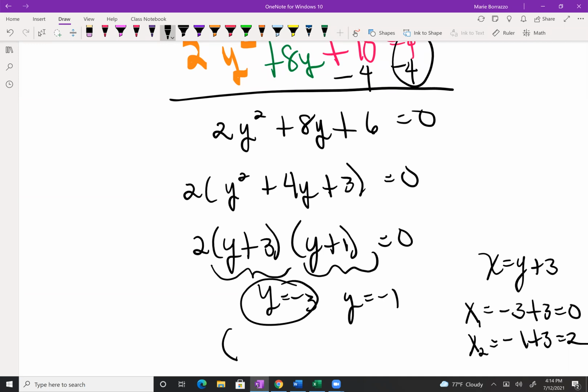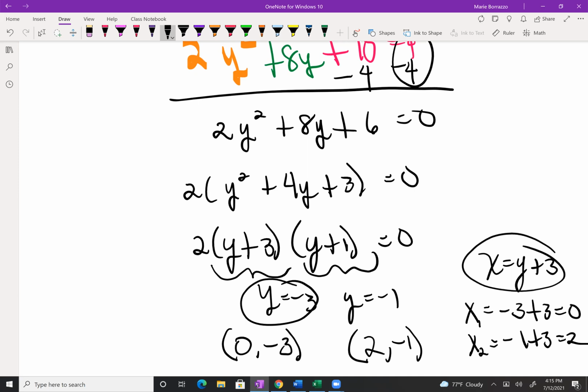I have this coordinate point where I have (0, -3). And over here, I have another solution, which is where x is 2 when y is -1. So you kind of have to work backwards on this one. So you're using this equation. All right, issues, questions? So that's the solution. That's it. We just have x1 and x2.